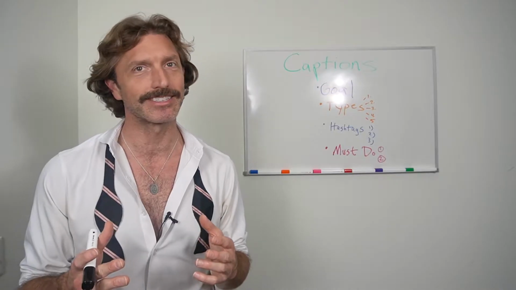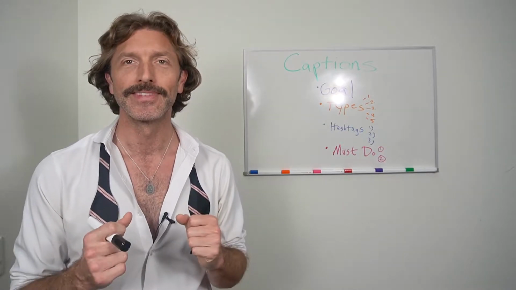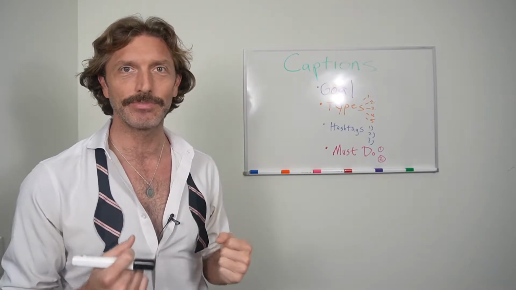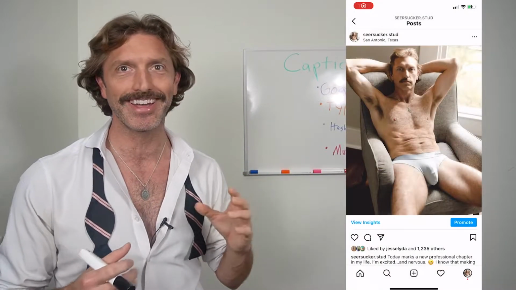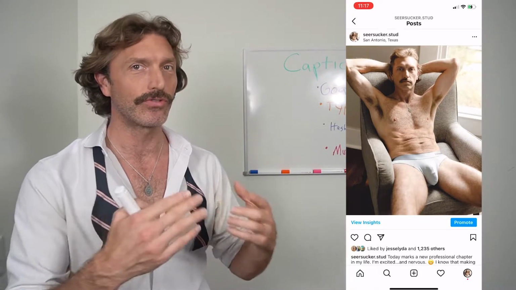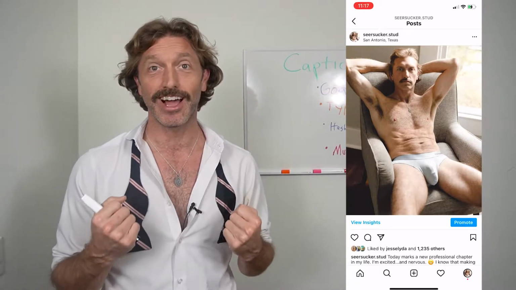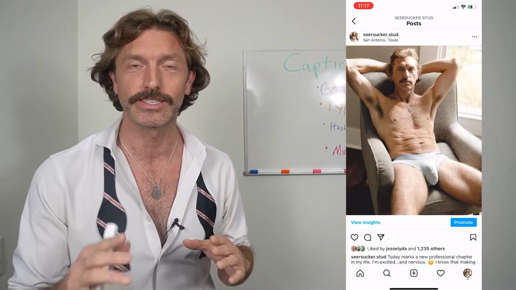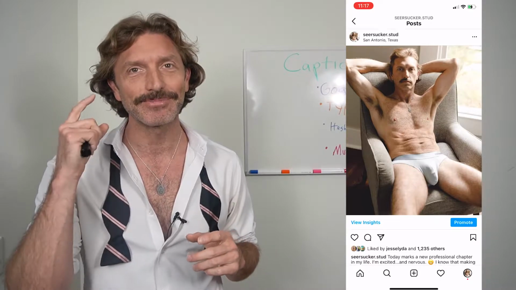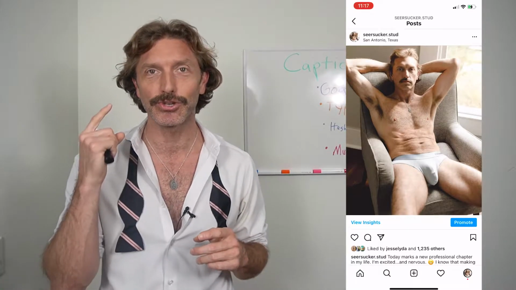What you're trying to accomplish in your caption, well, it's kind of simple. You've got that beautiful, sexy picture. I've told you how to select that and put that up there. Now your followers know you got a rock hard body. You're gorgeous. But now here is your opportunity to let them see you got something upstairs too.